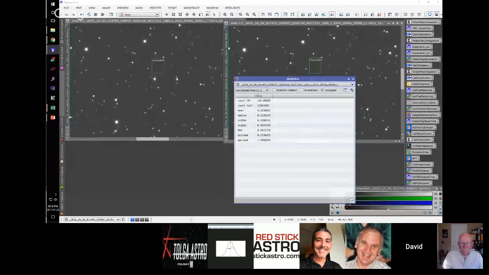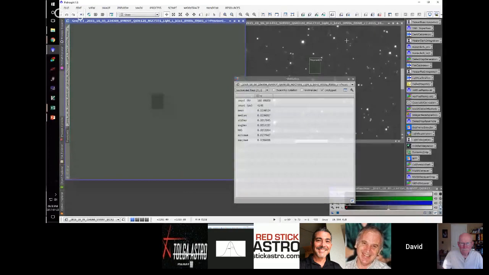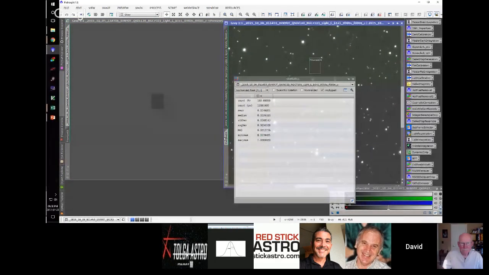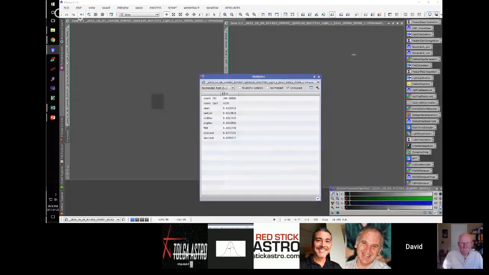So if I look at this one and measure the standard deviation here versus here. So this one, the standard deviation is 0.1747. This one is 0.1784. So this is a little bit worse. So my stars were much better, but signal to noise ratio is a little bit worse. So I would say this was the better result type of thing, right?